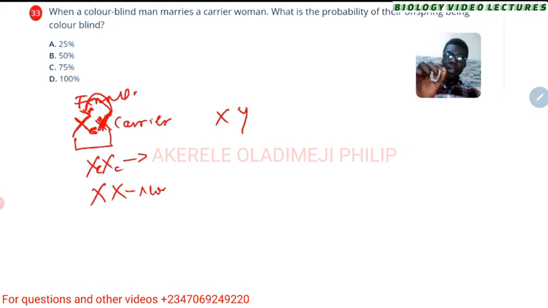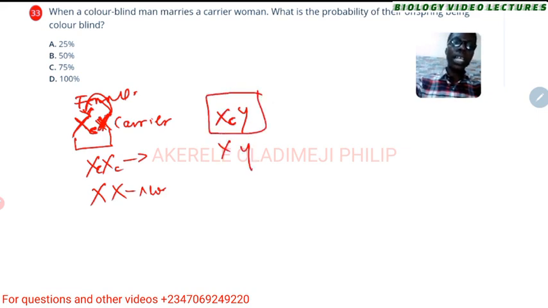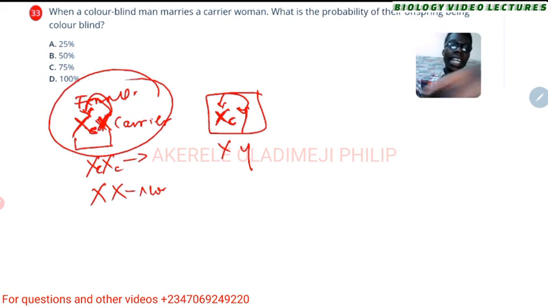Bear in mind that a carrier has the trait in only one of the X chromosomes. While a male is always either having the disease or is normal. Why is he having the disease? Because he only has one X chromosome. The Y is not the same as X, so it cannot correct like it corrected in the carrier person.